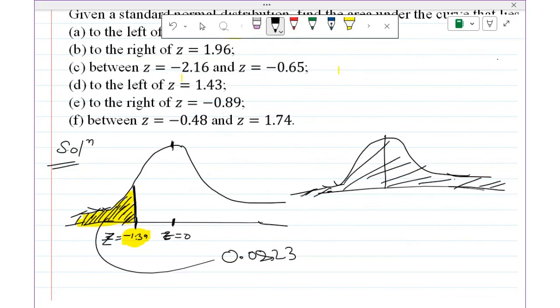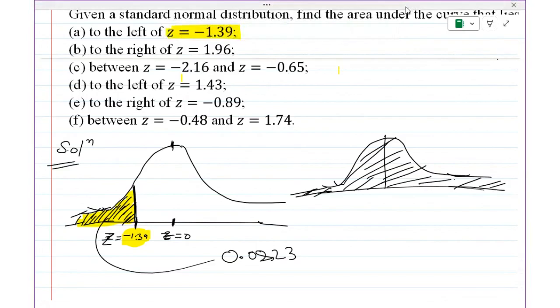Let me see who can answer. How many of you know what is the total area under the graph of standard normal distribution? Only one student has answered. Others don't know. What is the total area under the graph of normal distribution?